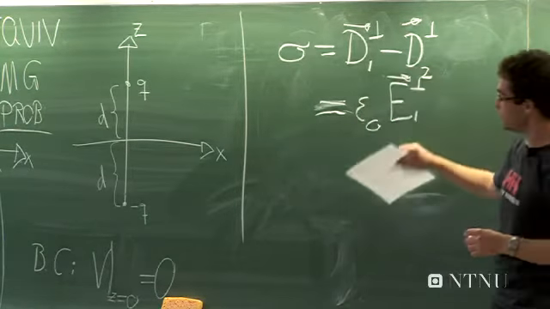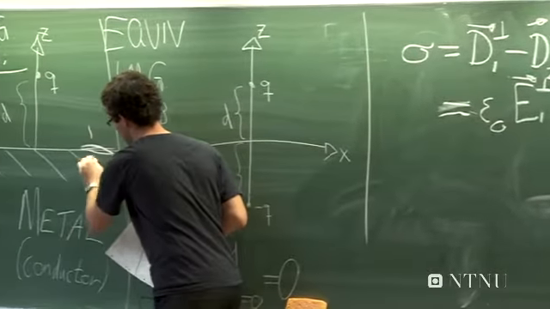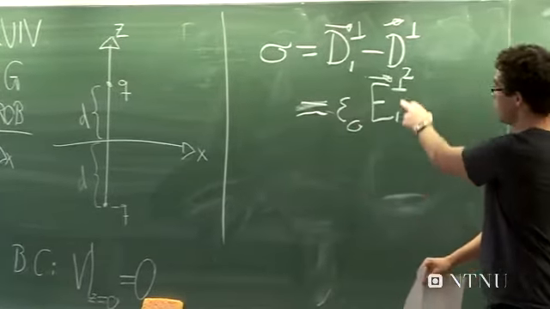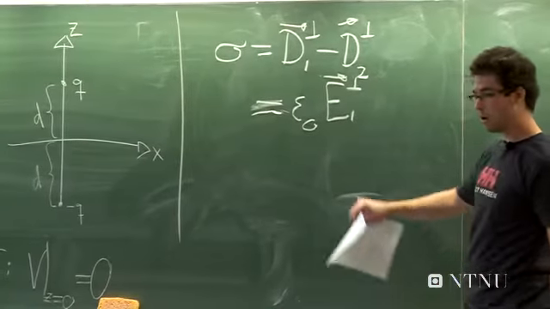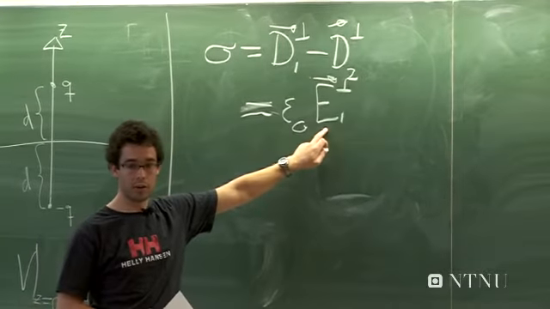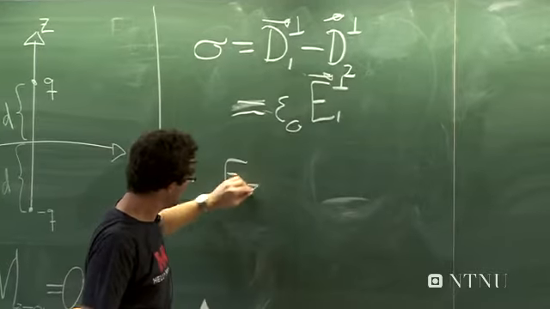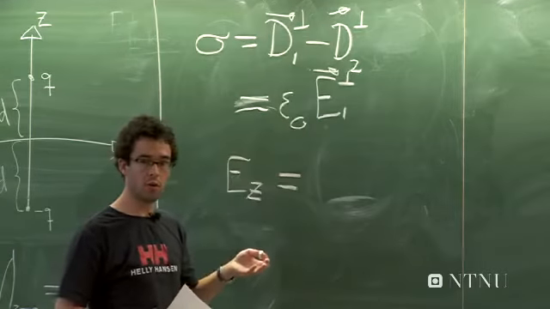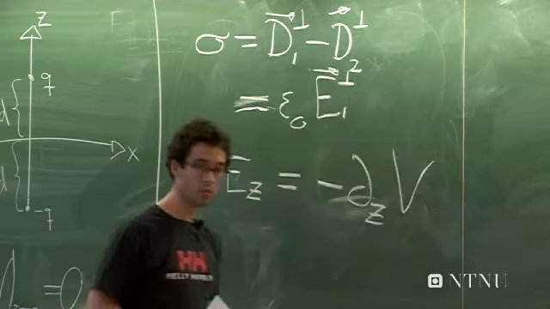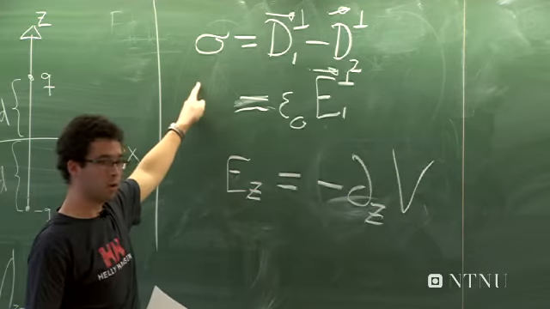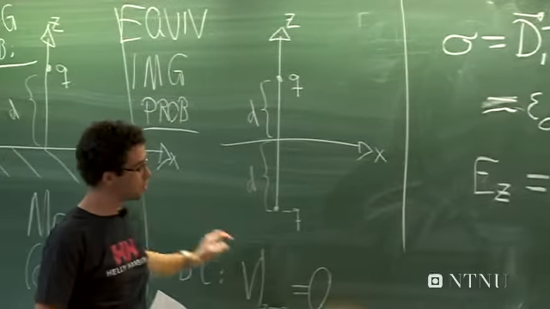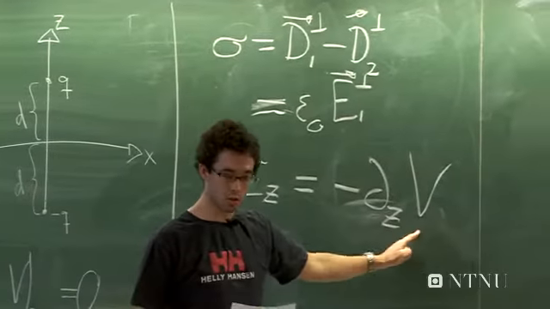And inside the metal, the field is of course 0, so I can just take away this term. Now I know that the z component of the electric field is the z derivative of the potential. So I can calculate the charge density on this metal surface by just taking the z derivative of the potential.